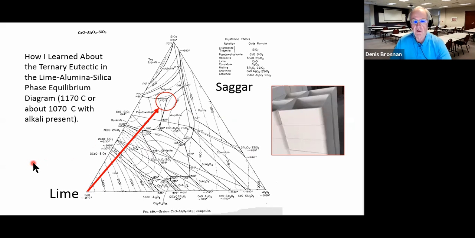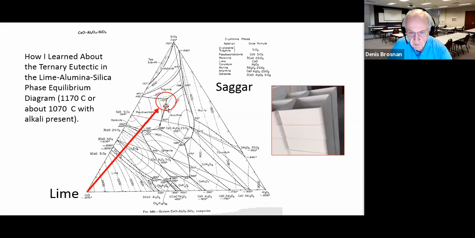Now, in my defense, I had not taken phase equilibrium diagrams yet. And so I didn't know what happened in the lime, alumina and silica phase diagram. So if the sagger's over here, an aluminosilicate ceramic sagger, and I'm putting lime in it, guess what's going to happen?